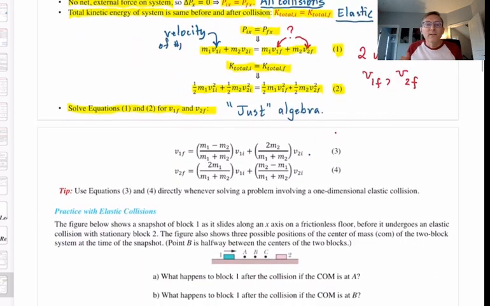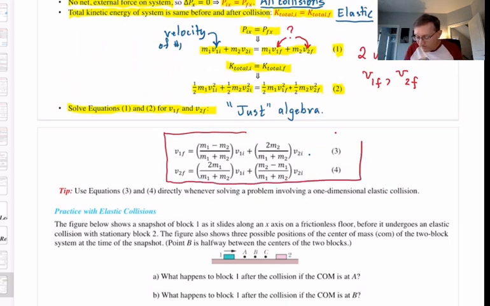There they are. I'll put a box around them. Oh, put a red box. Because they are handy. I've numbered them equations 3 and 4. But I am just going to state them, right? I'm not going to derive them. The top one is the formula for V1 final in terms of M1, M2, V1 initial, V2 initial.